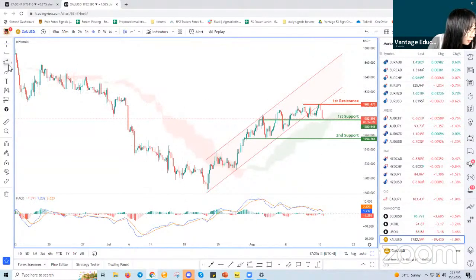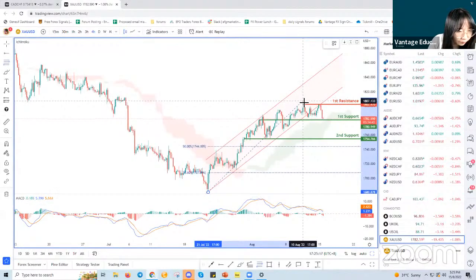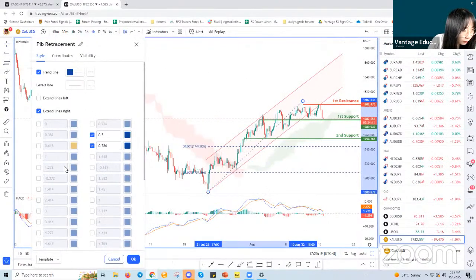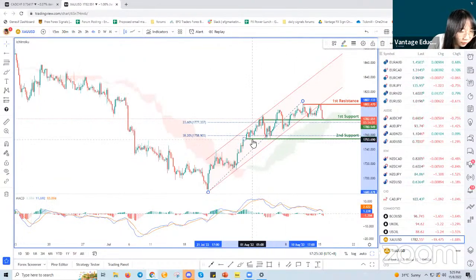Okay, now we try to find some Fibonacci levels. Okay, so here is our 23.6 Fibonacci level, set below our first support.